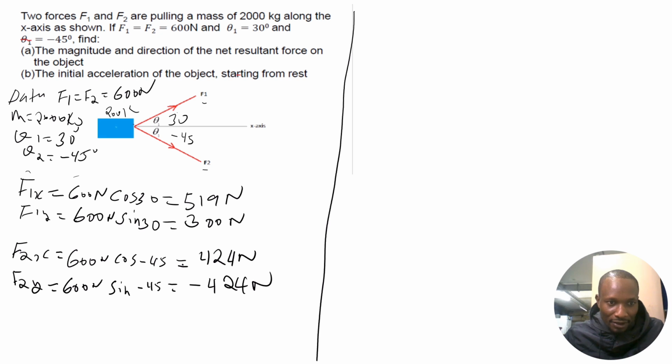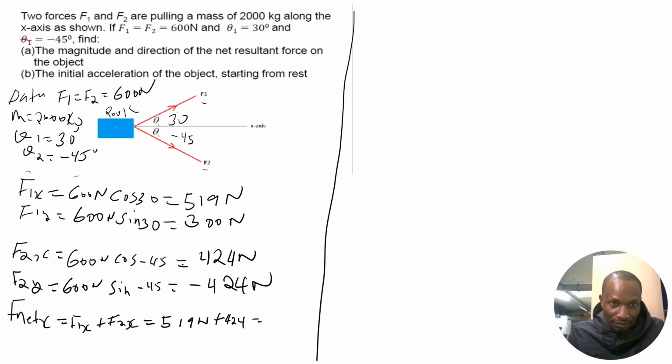We can say Fnet x, meaning the sum of forces in the x component, will be force 1 in the x component plus force 2 in the x component, and that's going to be 519 newtons plus 424, and that's going to give us 943 newtons.